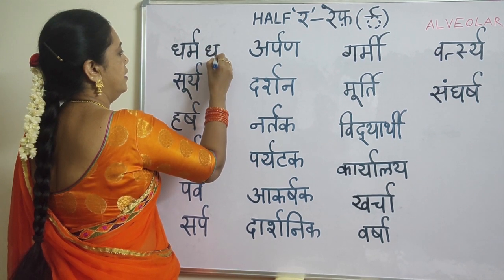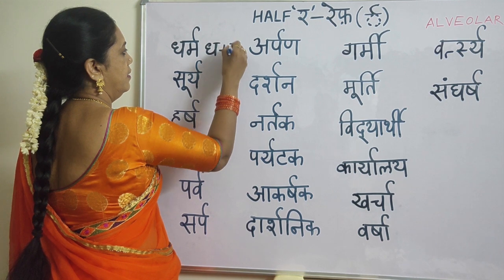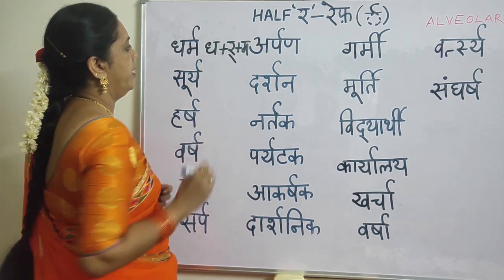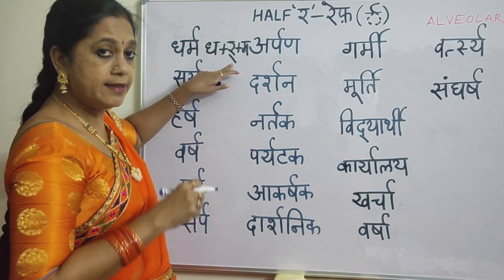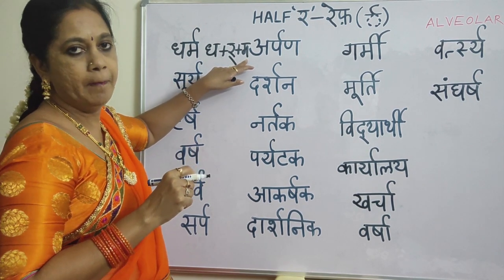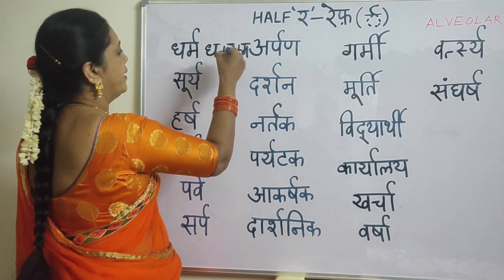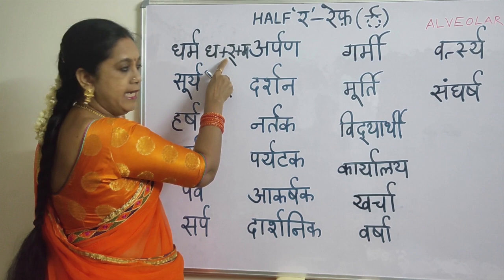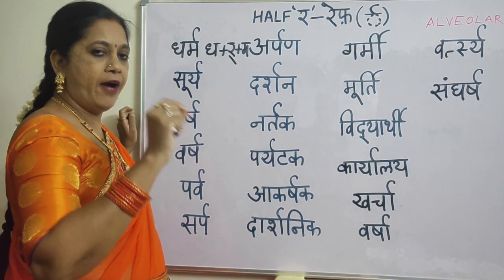This is the plus r, and that r will be only the r sound, and ma. Now when it is coming this way, this one is a half sound. You know very well, down you have a halant. This line is called halant, which will be considered as half sound.